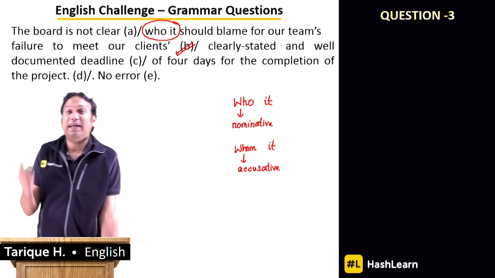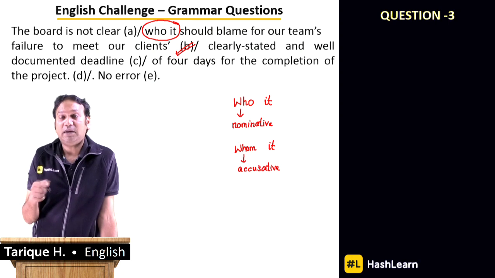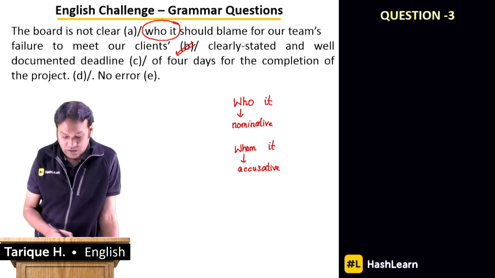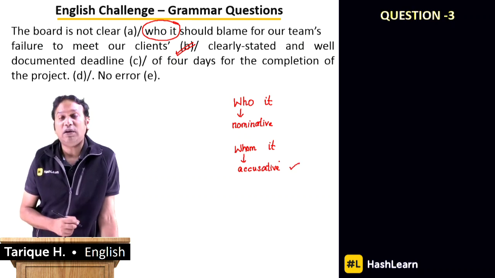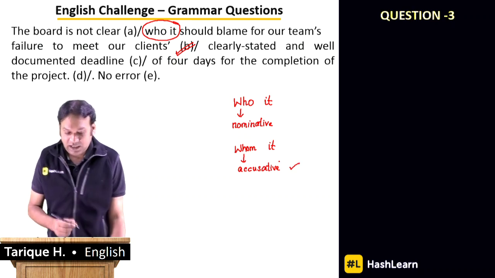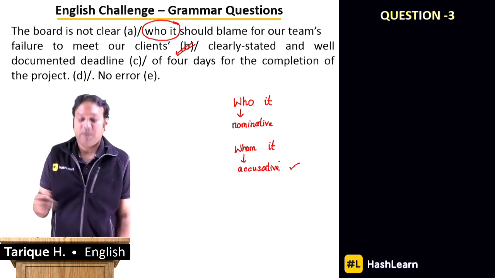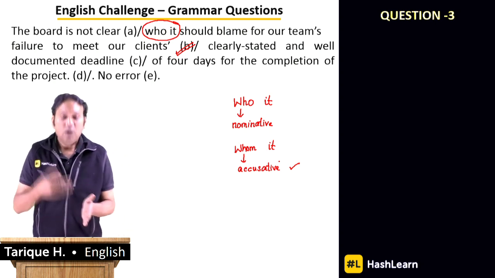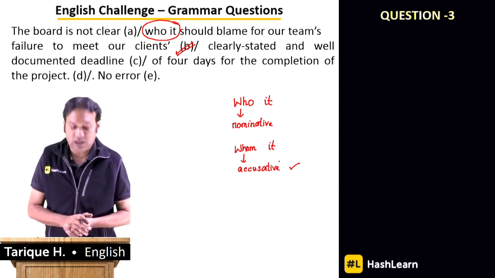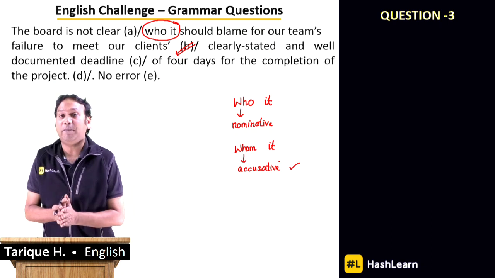The board is blaming someone, right? That someone being blamed by the board is a receiver of the action. So it should be in the accusative case, not in the nominative case. So the right answer should be whom it should blame. See, the board is not clear whom it should blame for our team's failure, not who it should blame.